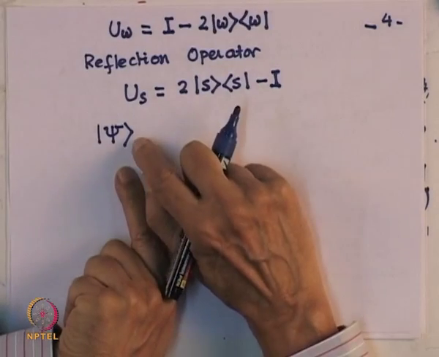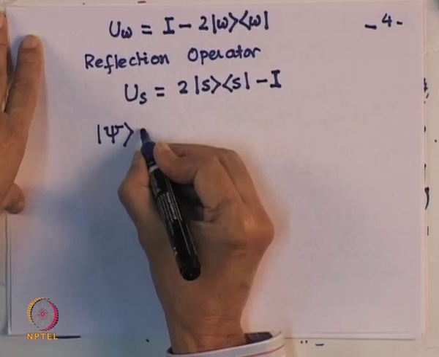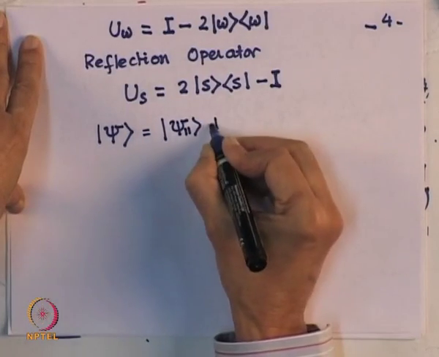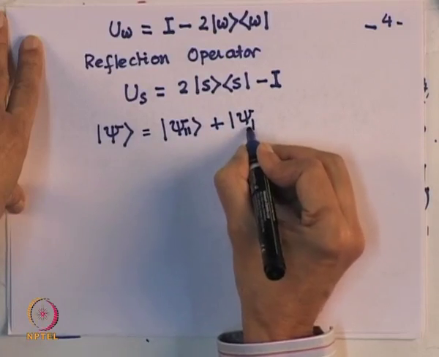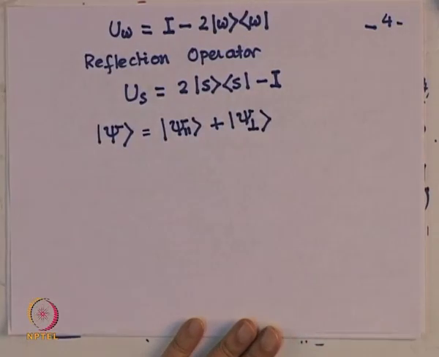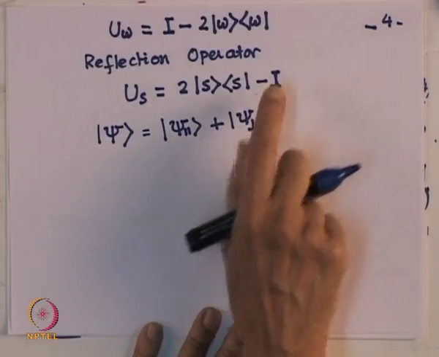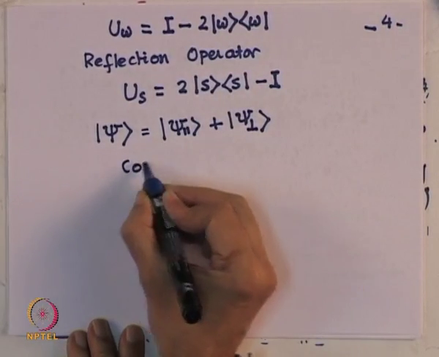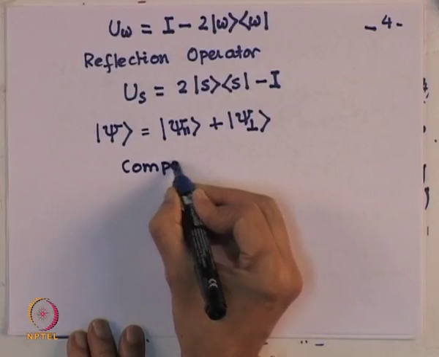Notice that if I write this as psi parallel plus psi perpendicular, parallel and perpendicular to the state S, then acting on this, the component parallel to S will be unchanged.